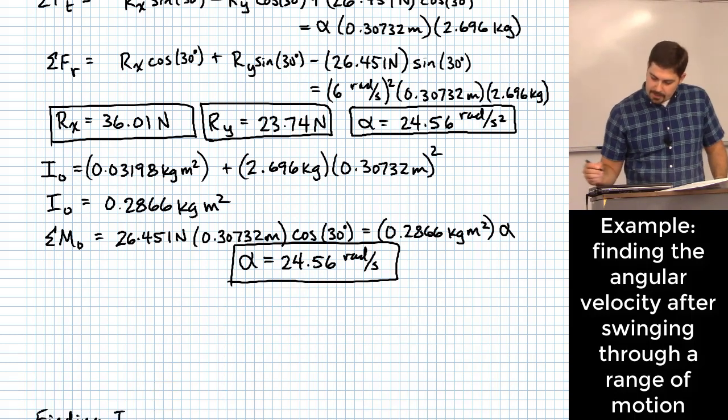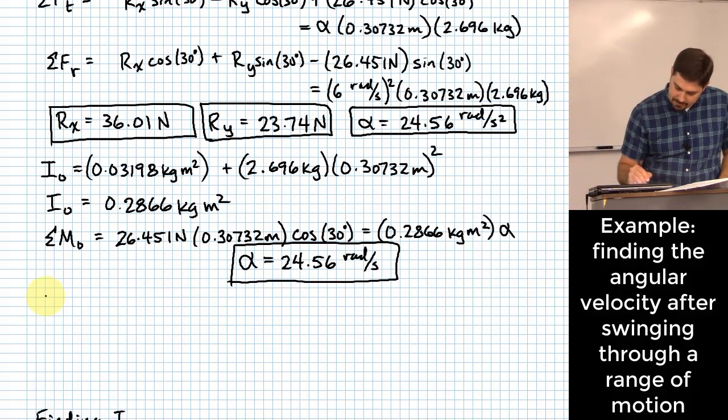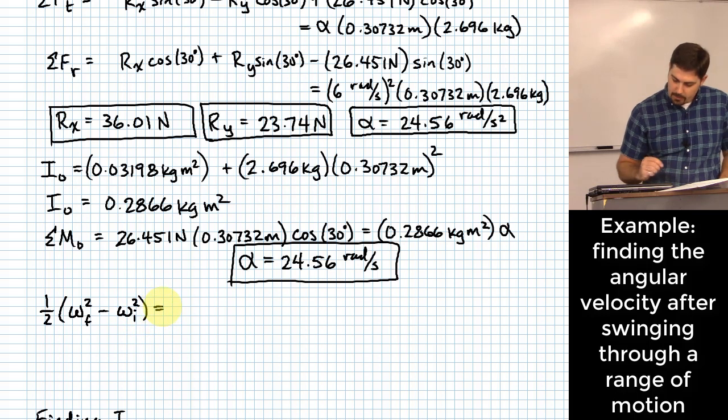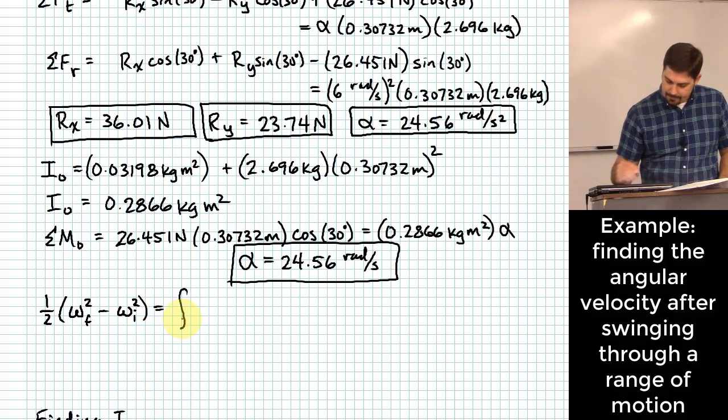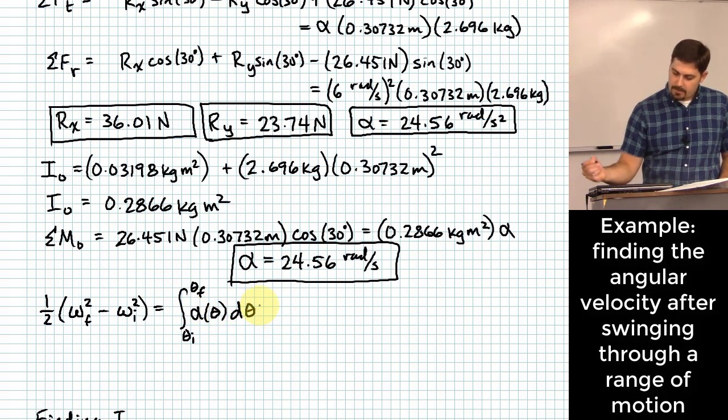All right, I believe I touched on this equation. 1/2 omega f squared minus omega i squared is equal to the integral from theta i to theta f of alpha as a function of theta d theta.